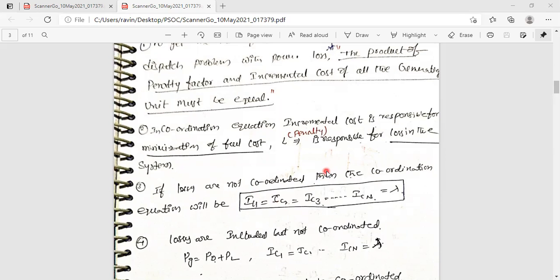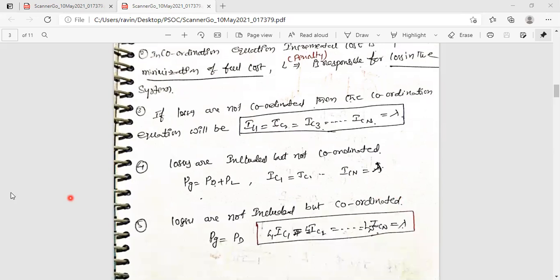So losses are responsible for the penalty factor. Penalty factors are responsible for the losses. So we are neglecting the penalty factor here. The next conclusion is losses are included but not coordinated. Only transmission losses are there, but they are not coordinated to the power load. This situation is handled at the power plant nearby areas.